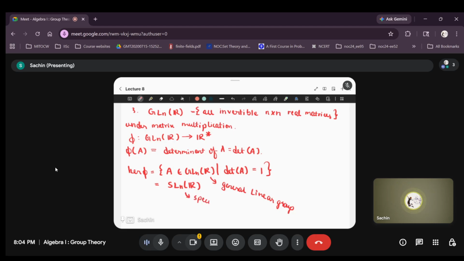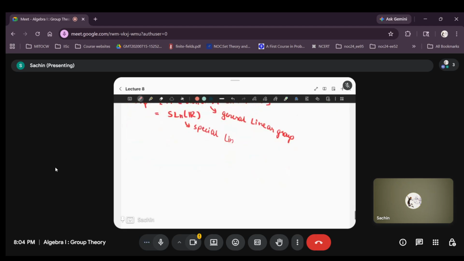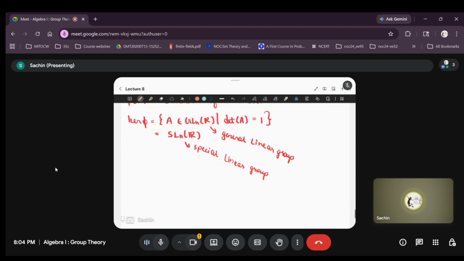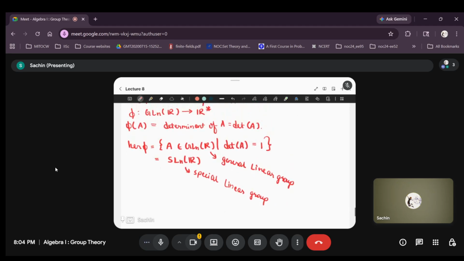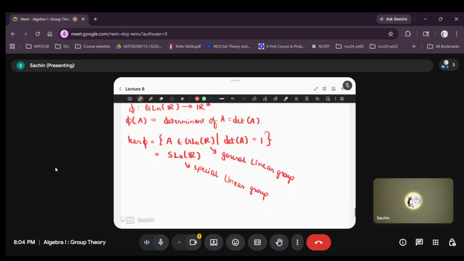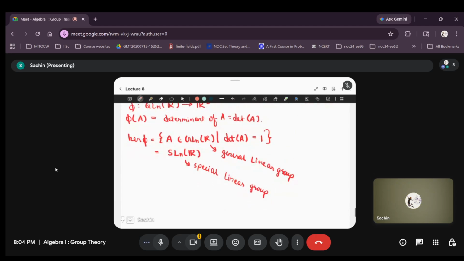And this is called the special linear group, where it's the set of all matrices with determinant 1. Since the determinant is 1, they are also all invertible. But it is a subset, and it turns out that it is a subgroup of the set of all invertible matrices.